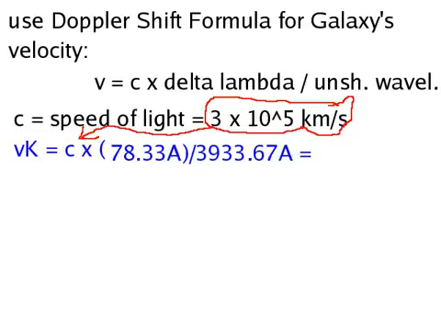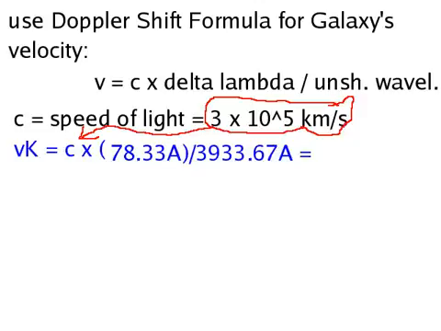So then we have 78.33 times, actually, let's start this new. 78.33 times 3, 2, 5 zeros for 300,000 kilometers per second, and divide that by 3933.67.